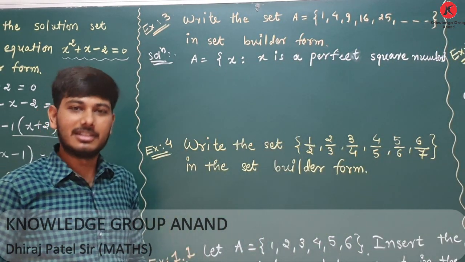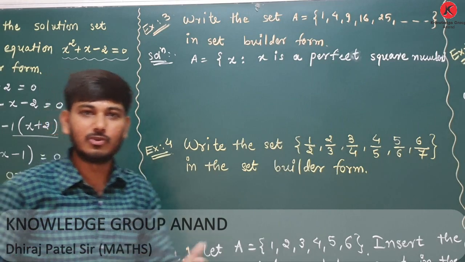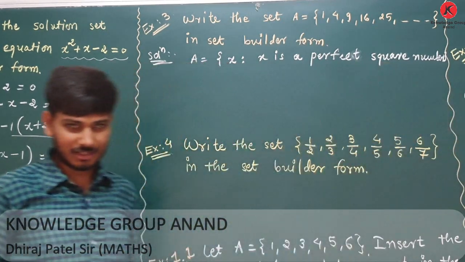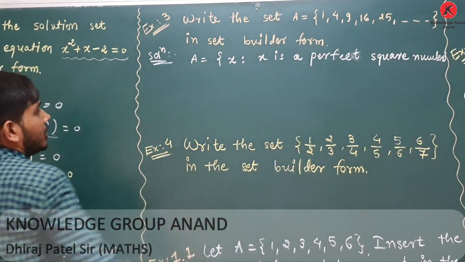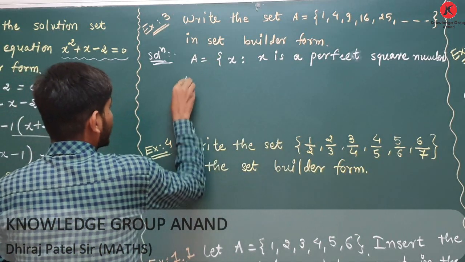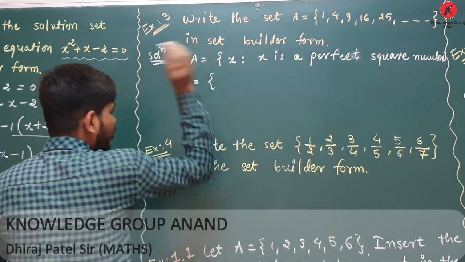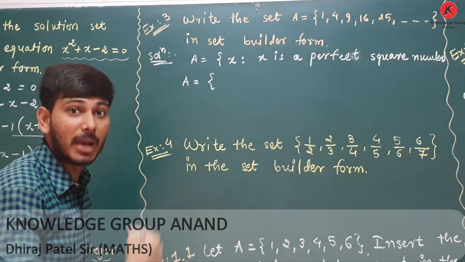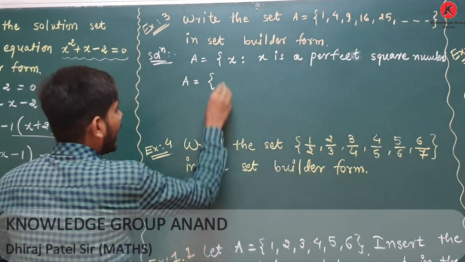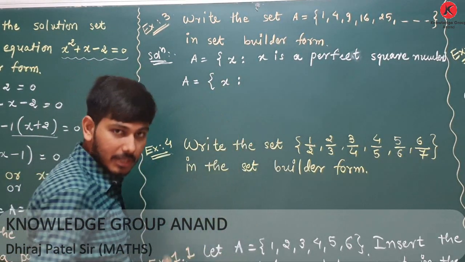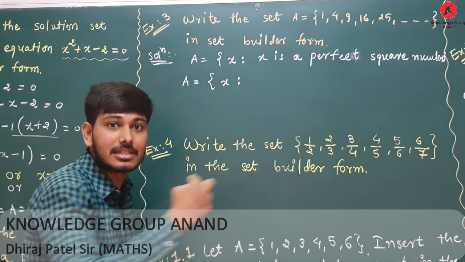That means you know that there are many perfect square numbers, which are 1, 4, 9, 16, 25, 36 to infinity. Now you can write this solution A equals, in mathematical form, x such that x is a perfect square.